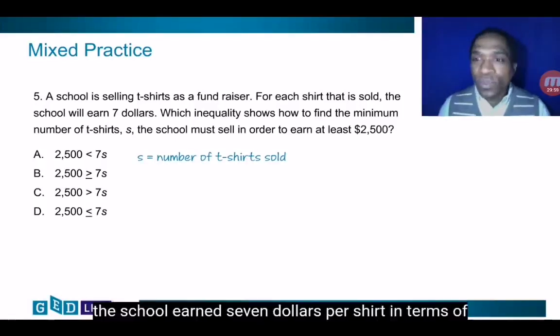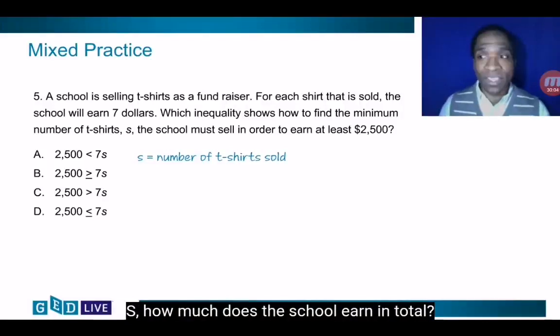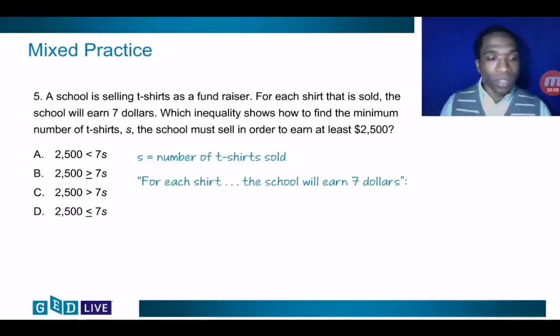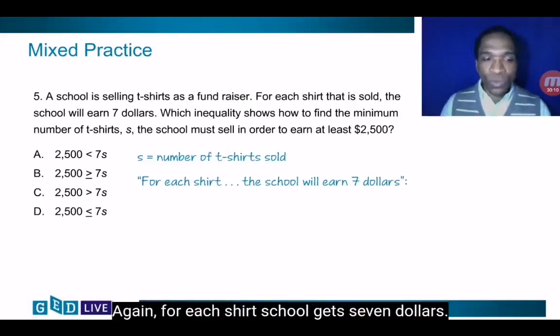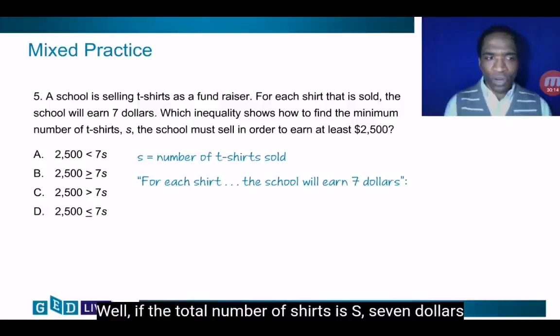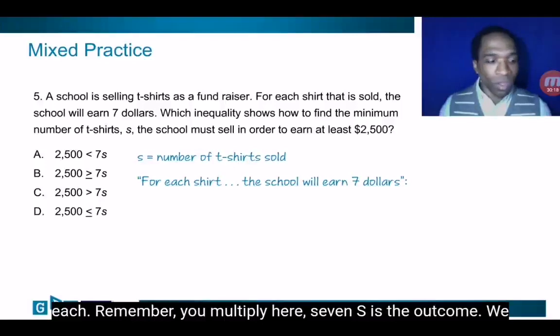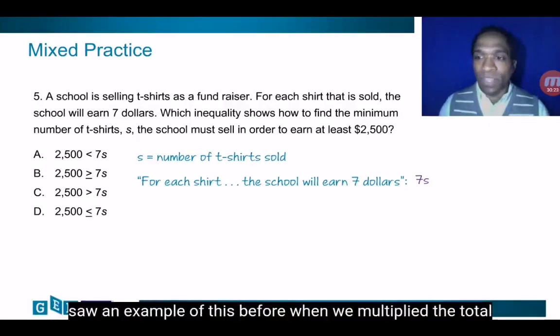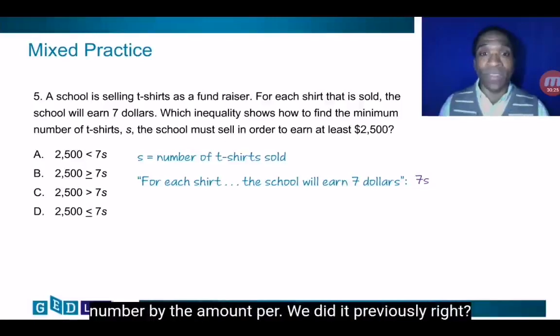It's S. And if the school earns $7 per shirt in terms of S, how much does the school earn in total? So again, for each shirt, school gets $7. Well, if the total number of shirts is S, $7 each, remember, you multiply here. 7S is the outcome. We saw an example of this before when we multiplied the total number by the amount per. We did it previously, right?